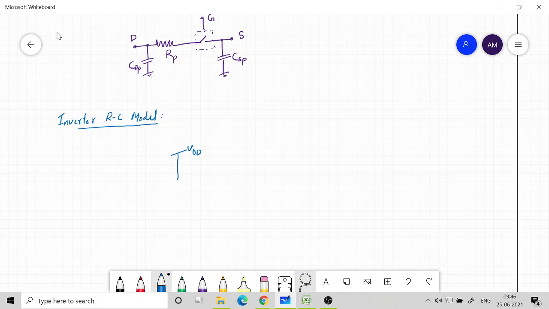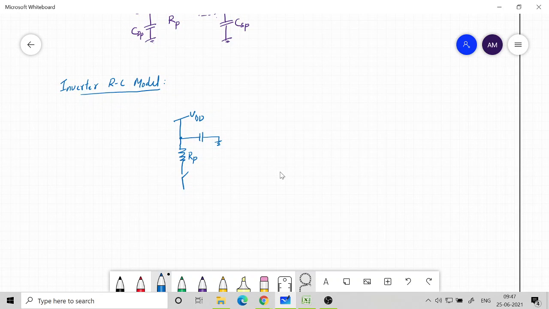Now there is going to be RP, then there is a switch, and here there is a capacitor which is grounded, and this capacitor is basically, because this is source, so this is CSP, and then there is another capacitor on the other side which is CDP.